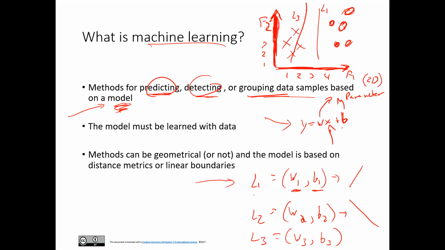Yeah, you're right, but there's a good way of thinking about it. Let's erase L1 and just leave L3. If I have a question mark there, this model would say that this is a 0, correct?